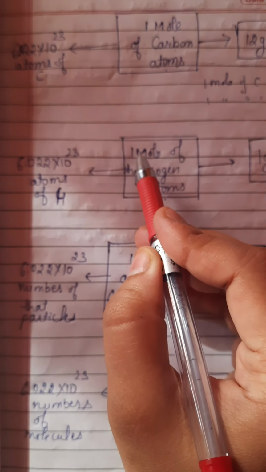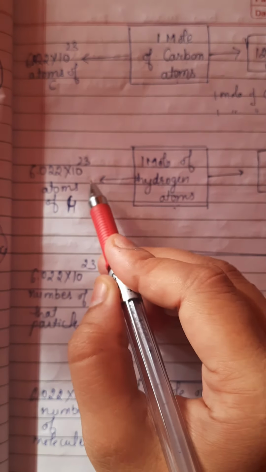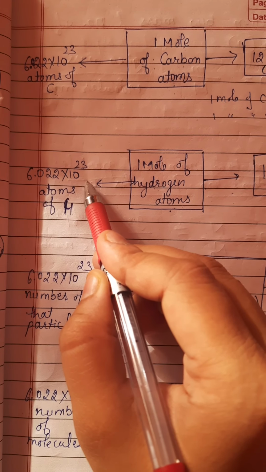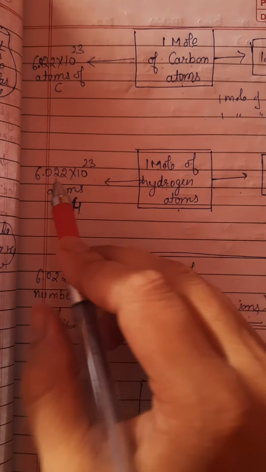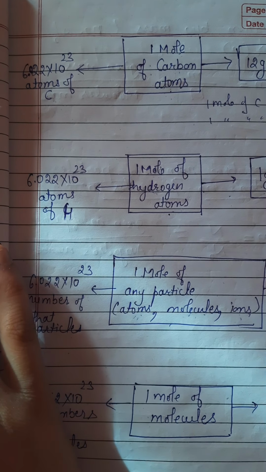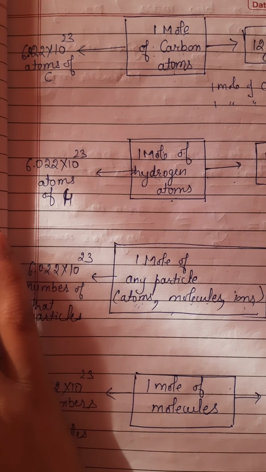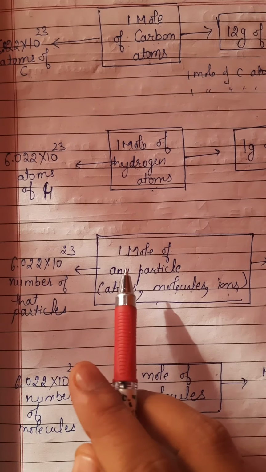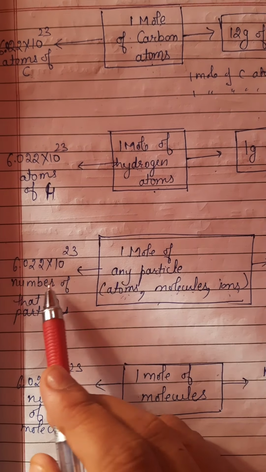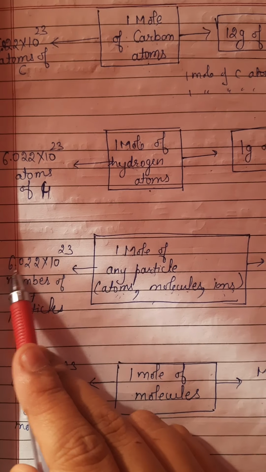If I am asking 1 mole of hydrogen atoms is equal to how many atoms? 1 mole of hydrogen means 6.022 into 10 raised to power 23 atoms of hydrogen are present. If I am asking 1 mole of any particle is equal to how many particles, then it will be the same number.